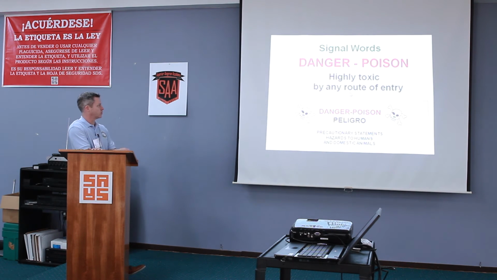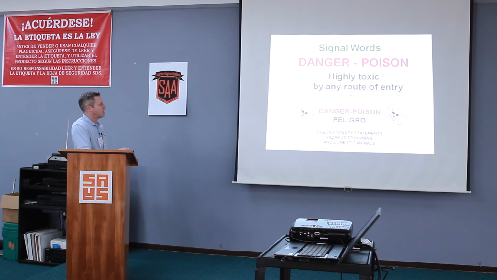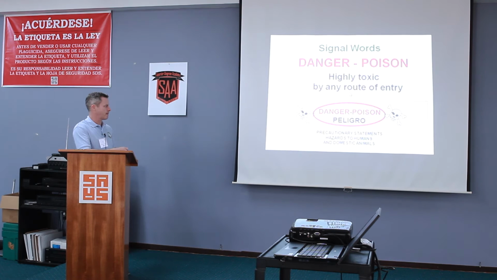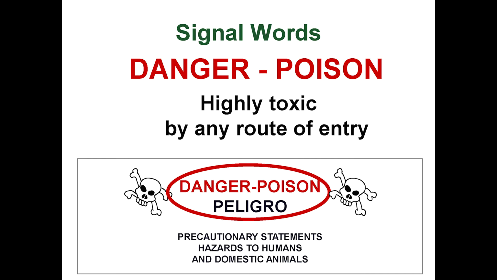So let's look at those more closely. The danger-poison signal word means that the product is highly toxic by any route of entry. So the fumigants have a danger-poison signal word with the skull and crossbones. You may also see precautionary statements on there, hazards to humans and domestic animals.